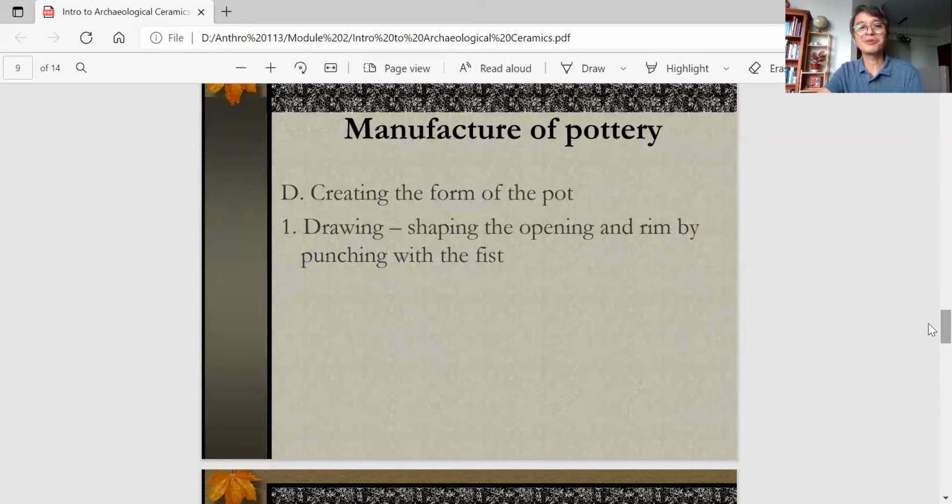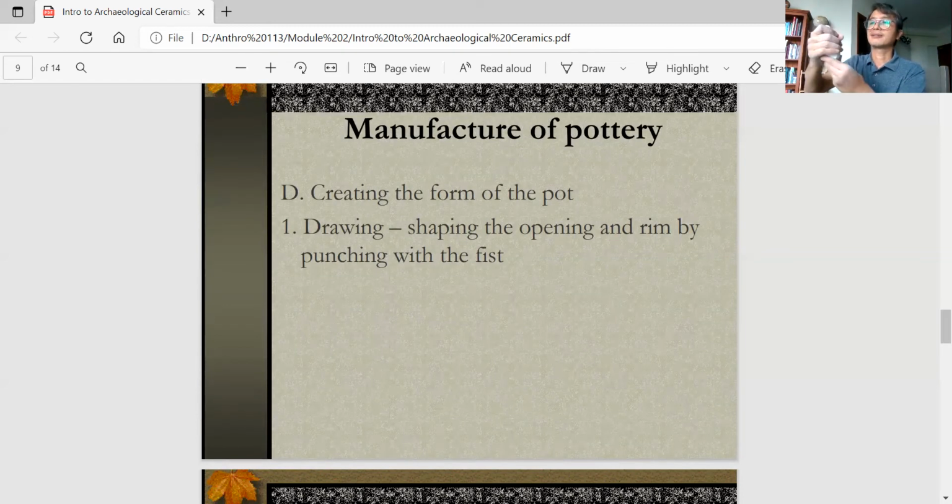So creating the form of the pot, drawing, no? Drawing is shaping the opening and rim by punching with the fist. So okay, so you need, no, parang gumagawa ka ng tinapay, no. So imagine this as the clay that I am using to make a pot, an earthenware pot. And then I shape it. Usually, ang ginagawa nilang shape ay paganyan, no?